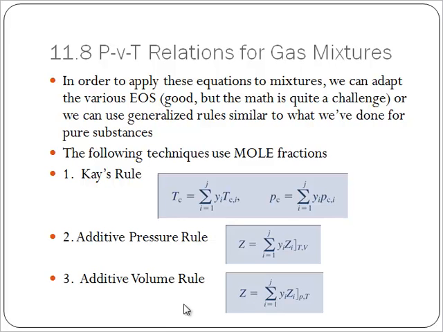Most often what people do, since all of these are loose approximations, is they'll just choose one, whichever one seems easiest to them at the time, and work with that, knowing that they've got a fairly large error introduced.